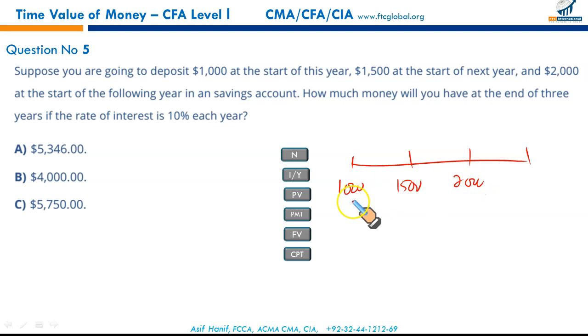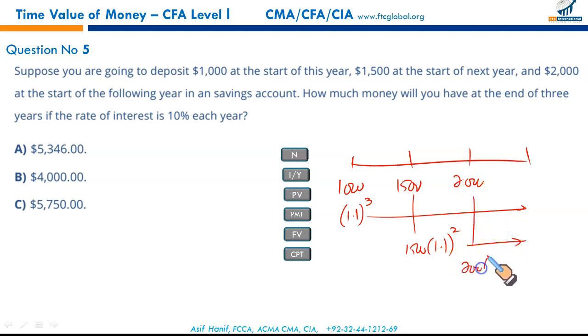So this would be multiplied by 1.1 raised to the power 3, 1,500 into 1.1 raised to the power 2, and this 2,000 into 1.1 raised to the power 1.